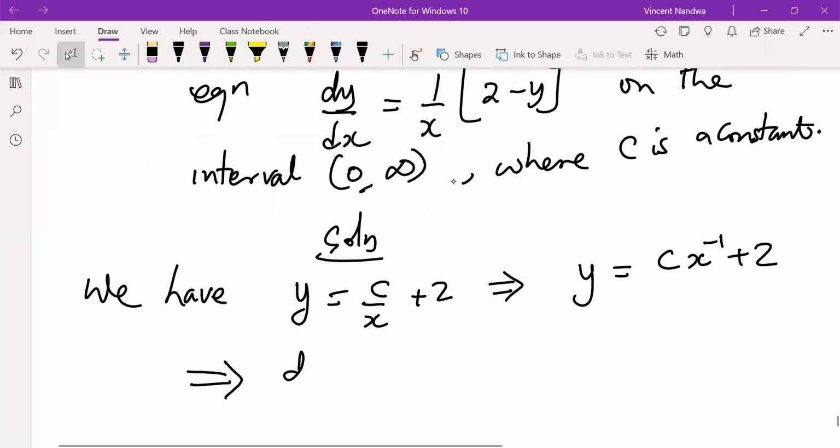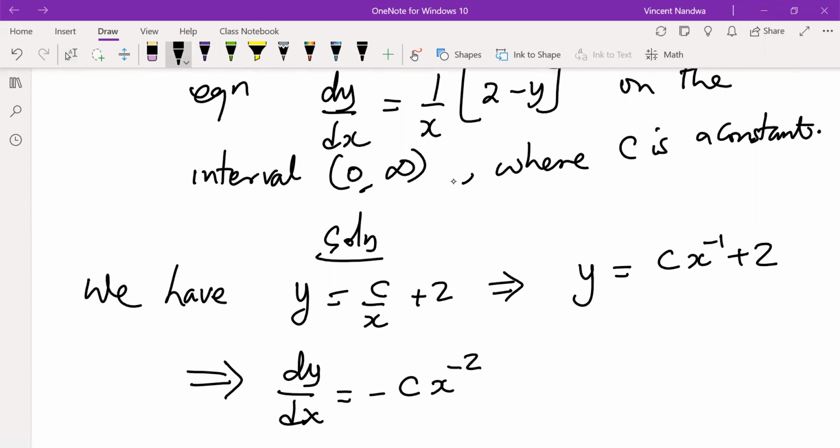So that means dy/dx will be negative c x^(-2), because we are just using the power rule, and the derivative of a constant is 0.